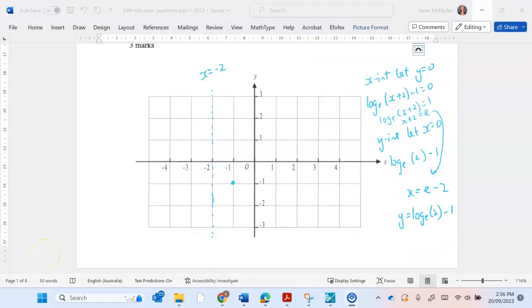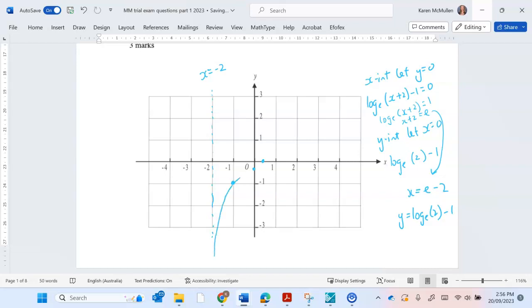All right, so e minus 2, so the Euler's number, which is e, is 2.14 something. So we're just going to be over in the positive x, so just past 0. And then your y-intercept, so log base e of 2, no idea what that is, but because we've shifted down, and we can't actually go above, so I know that it's going to have to be below here somewhere.